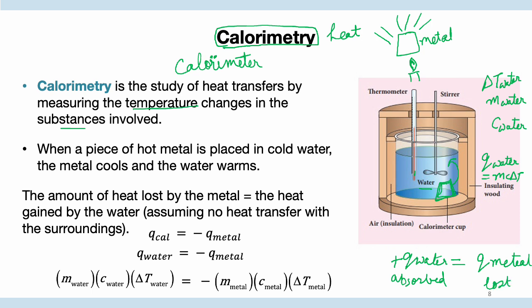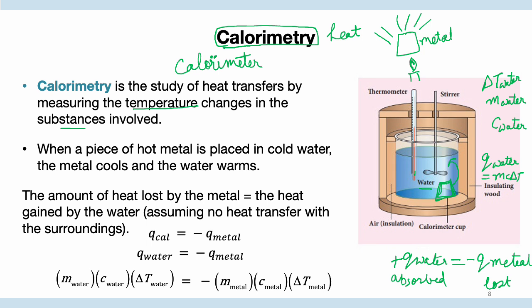Whenever any substance loses heat, we usually represent it with a negative sign. The sign is not telling you the energy is negative, it's simply telling you the direction of flow of energy. Whenever heat is lost, we usually represent it by a negative sign. So heat that was gained by the water is equal to the heat that was lost by the metal.